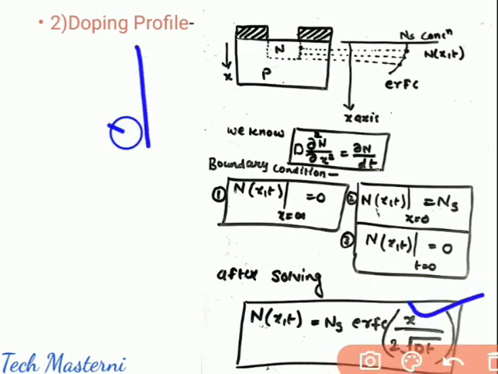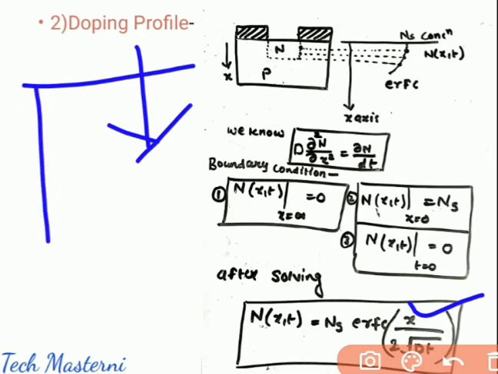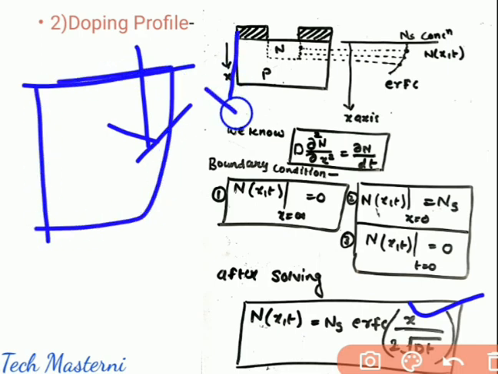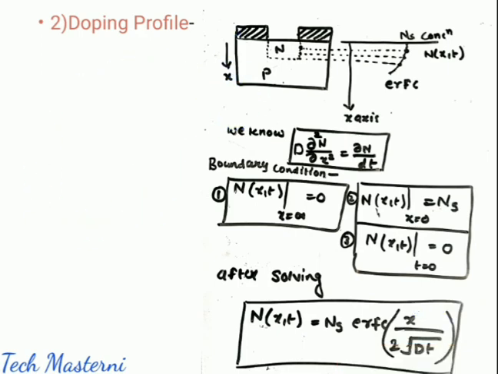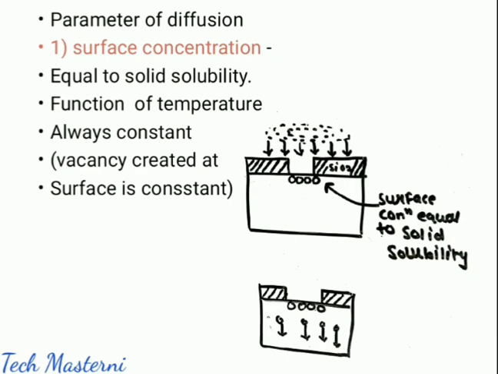X is the distance as you go inside the surface. Then D is the diffusion constant and t is the time. So this is all about this particular expression. This expression is very, very important from the prelims point of view and extremely important for the mains point of view. A direct question can come on this particular expression. So I think you have understood this point clearly.